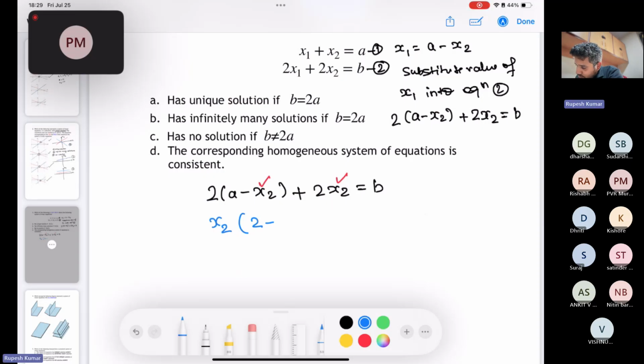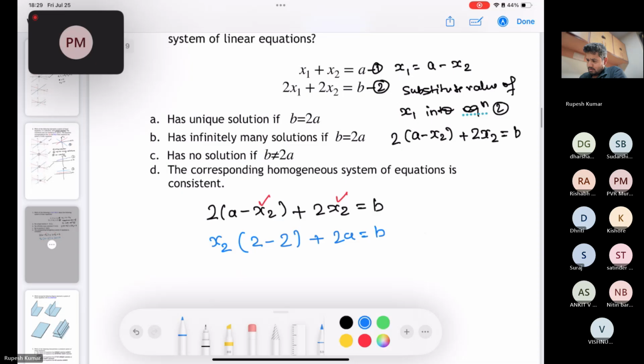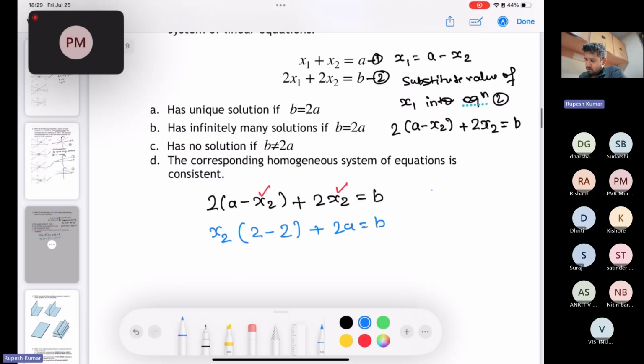It's saying x2, the coefficient becomes x2, 2 minus 2 plus 2a equals b, right? So you're saying x1 plus x2 equals a, x1 plus x2 equals 2b.